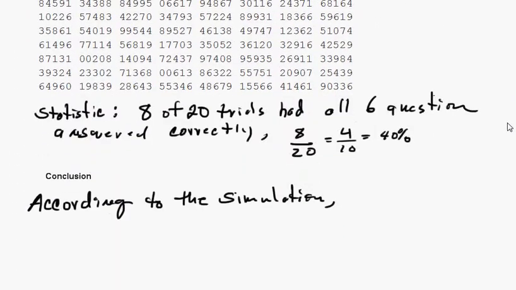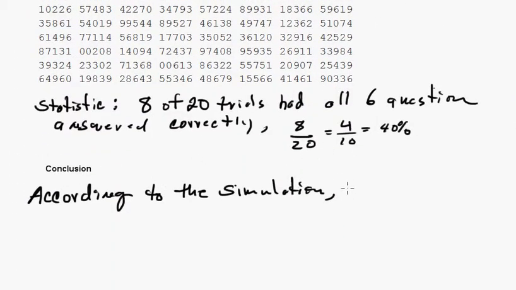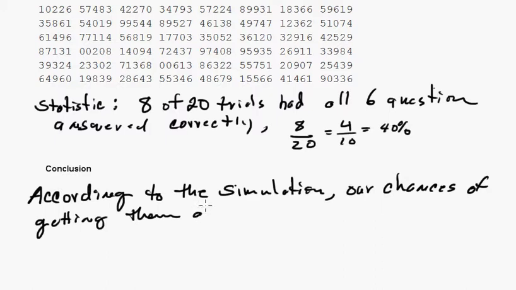Okay, so according to the simulation, our chances of getting them all right is 40%. Okay, so I've answered the question in context.